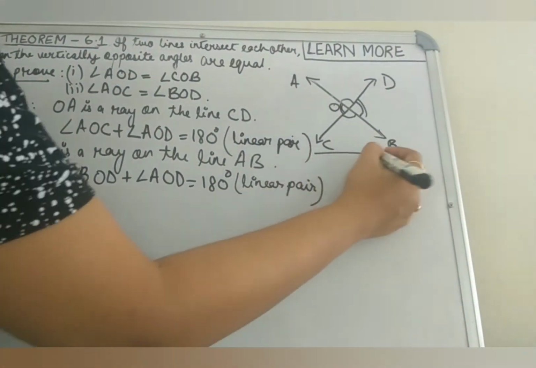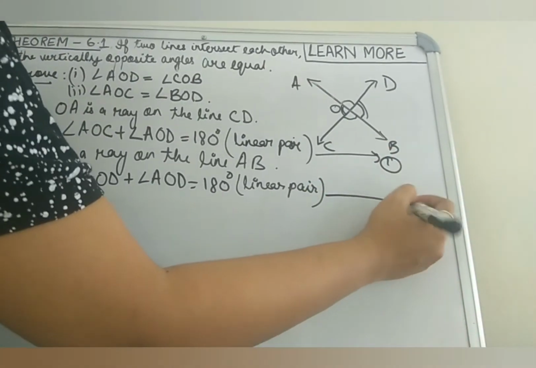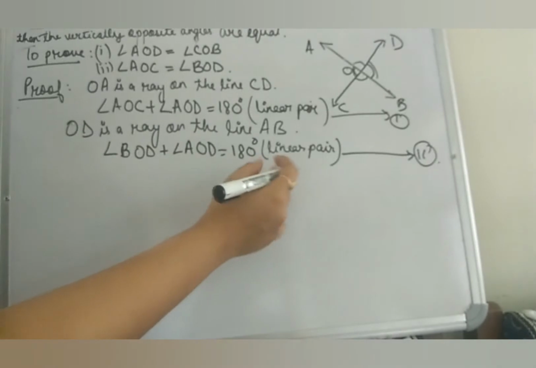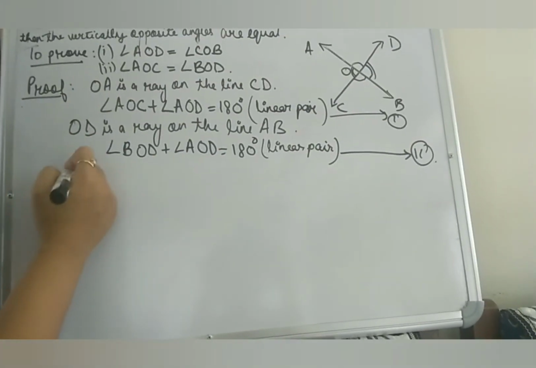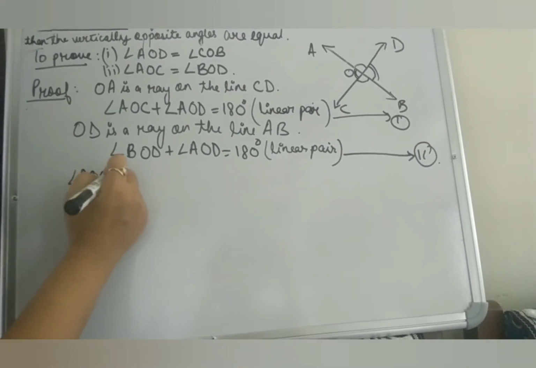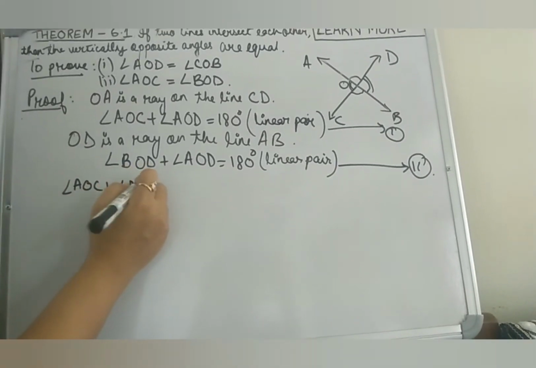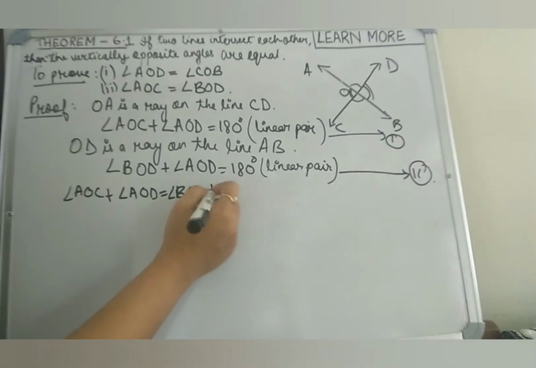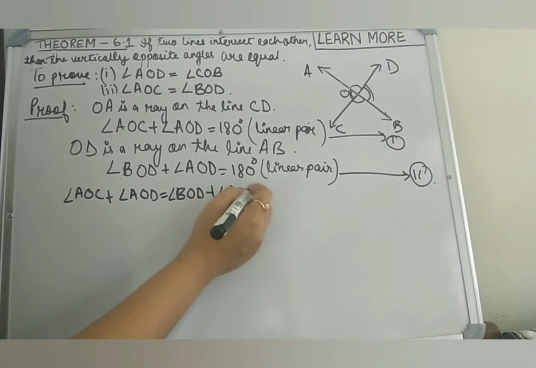Now if I take this as equation 1 and this as equation 2, what we can write is angle AOC plus angle AOD will be equal to angle BOD plus angle AOD.